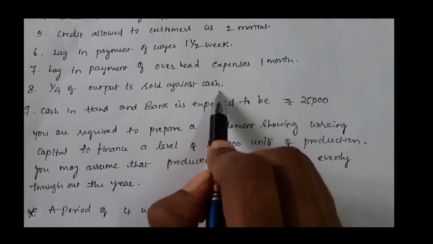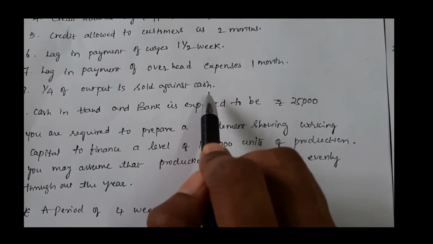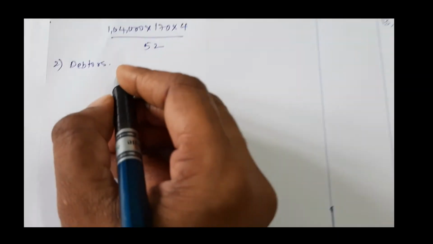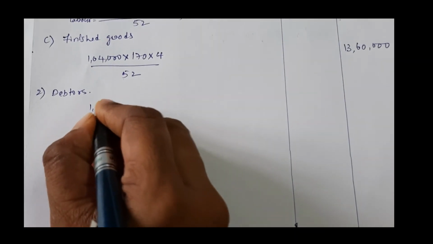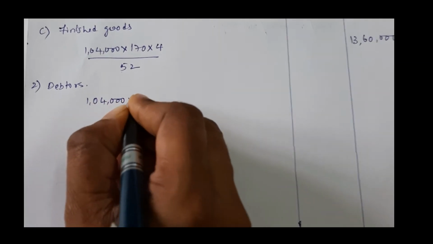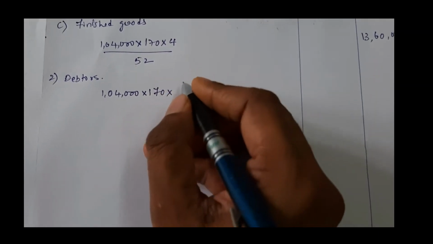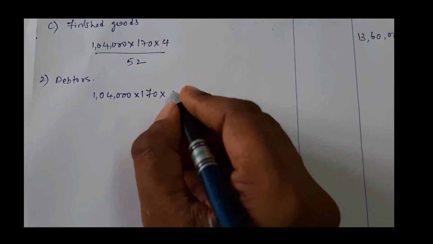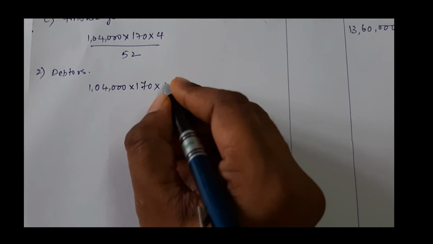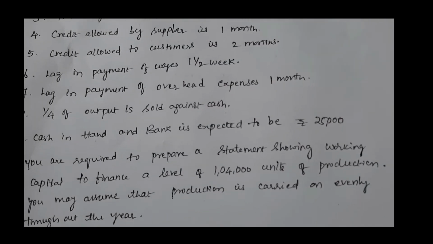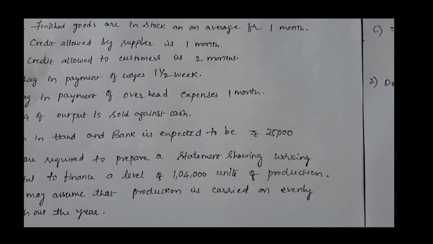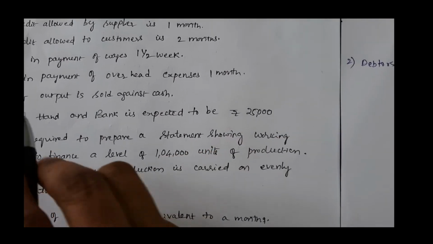So which means that remaining 3/4 will be the credit sales. So number of units to be produced are 1,04,000 into 170, cost per unit only we should take, not the selling price, into then average period of credit allowed we will see.